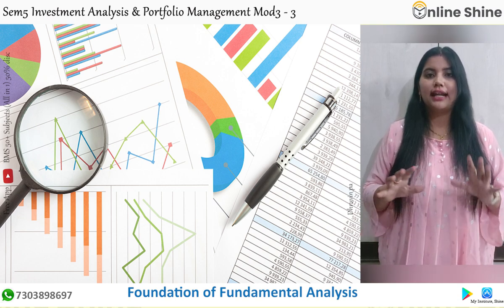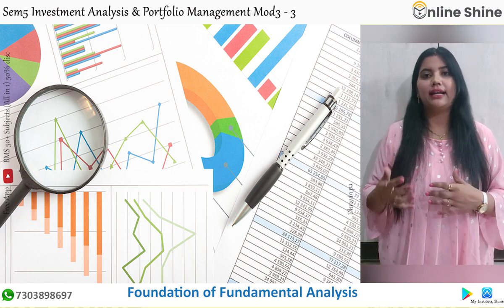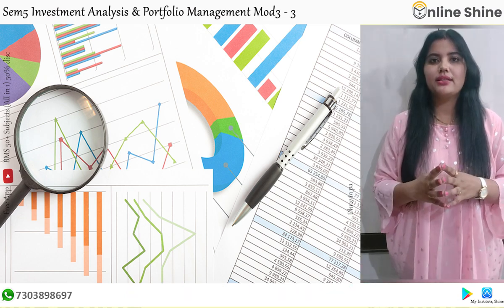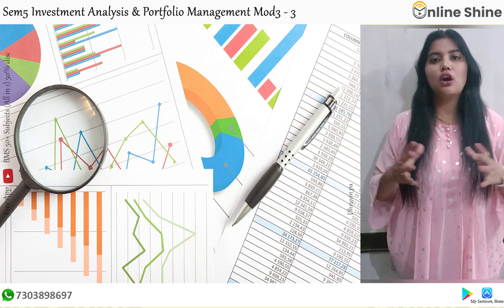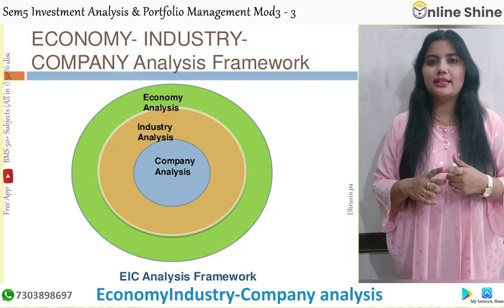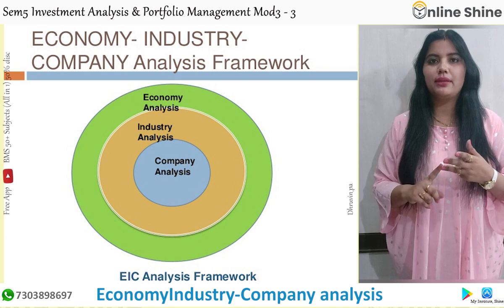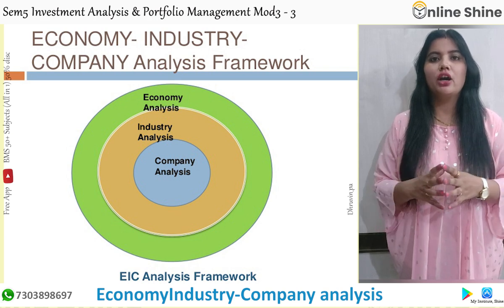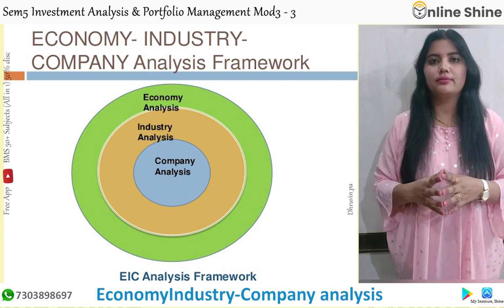So this is the criteria for investment decision as per fundamental analysis. The next topic is the three-phase examination of fundamental analysis, also called EIC: E for economic, I for industry, C for company analysis framework, or the top-down approach as it is also called.